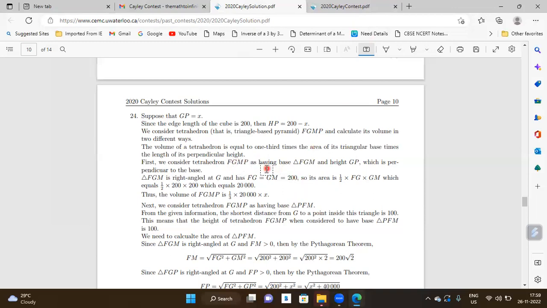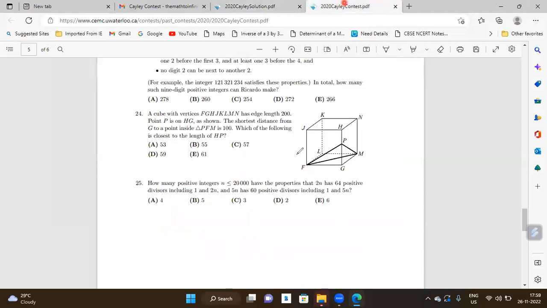So FGMP having the base, triangle FGM and height GP. Have a look at FGM. So they're saying that this is the base. Can you see the tetrahedron? Could you please draw the tetrahedron over this? Can you shade it?